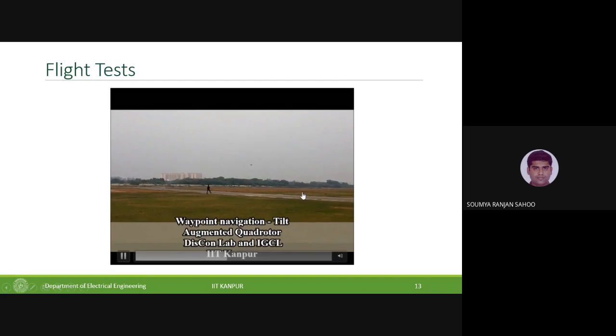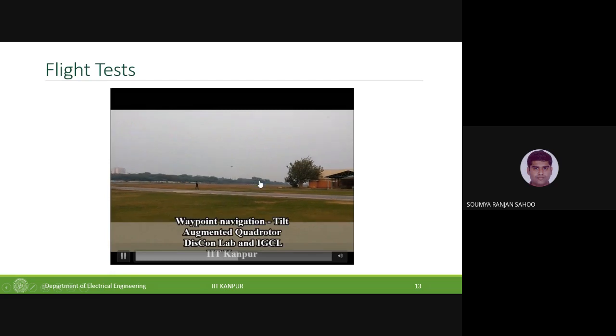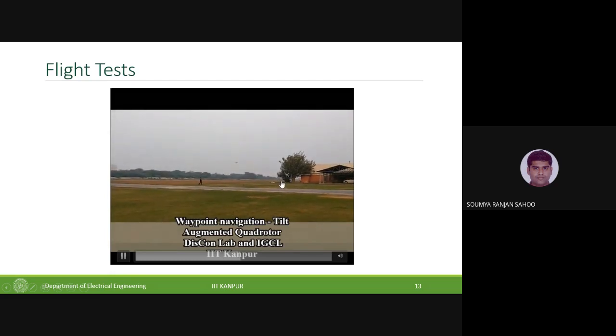So this area that you are seeing for flying, this is inside our campus, and this is essentially a small airstrip that we have. So this is a huge area where we can actually test our quads. Okay, so this is where it is going to its third waypoint.